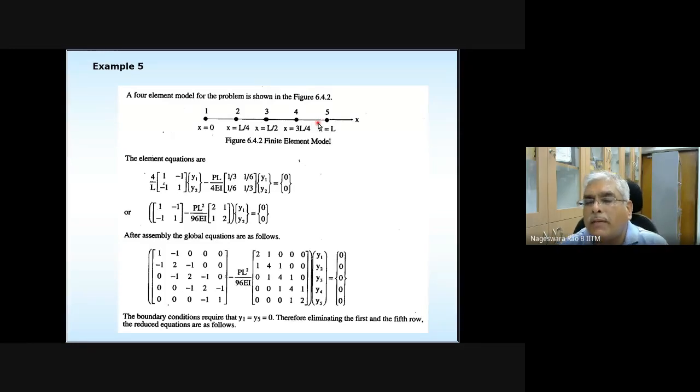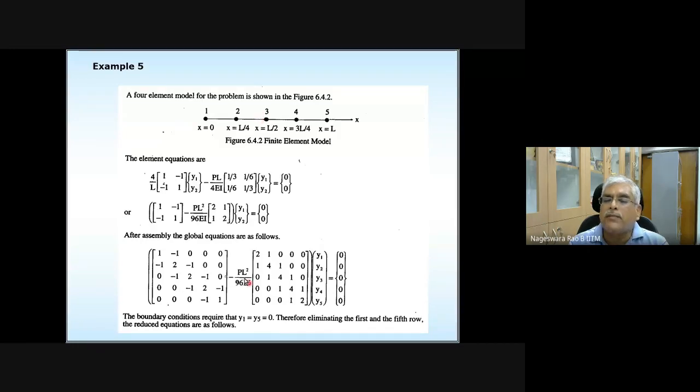The field variable is going to vary linearly. And in a 3-node element, the field variable is going to vary in a quadratic manner. So the 3-node element is going to be a higher order element, a quadratic element, whereas the 2-node element is a linear element.